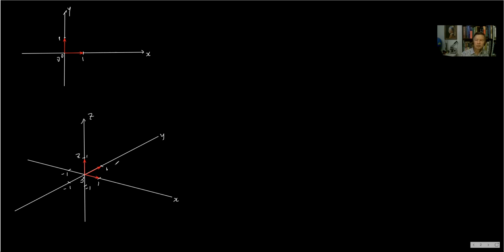What I'm talking about with the right-hand rule is that if you use the right hand forefinger to go from the x-axis and rotate it into the y-axis, right, the thumb will give you the direction of the z-axis. Can you see that?